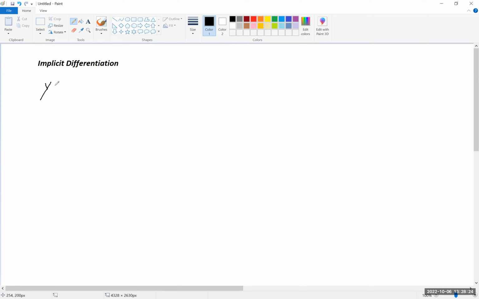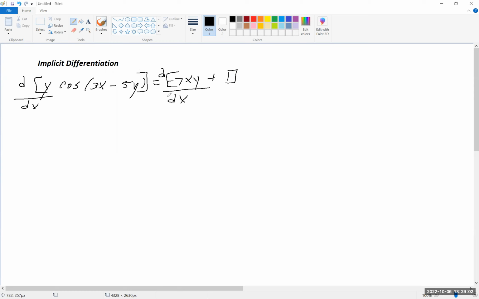So I've got y times the cosine of 3x minus 5y is equal to negative 7x y plus 1. And so we want the derivative of this side with respect to x, and the derivative of that side with respect to x.